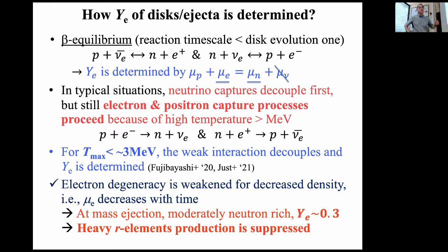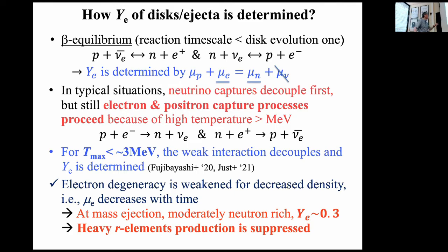Are there any groups which don't get the same thing? Perhaps now we understand that for this kind of simulation, taking into account all the relevant weak interactions is very important. If we neglect some of the weak interactions, we could get different results. This is, in a sense, our finding in the last couple of years.